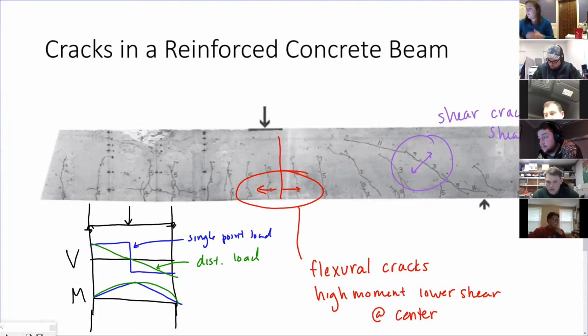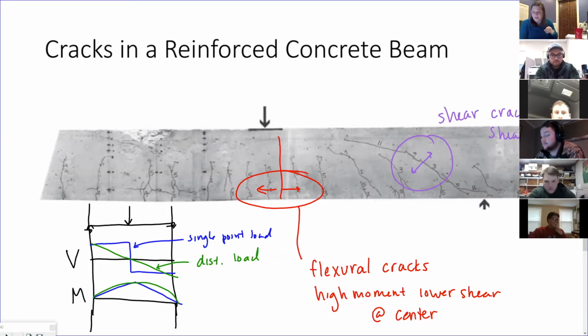And that shear is inclining your failure surface. Okay? That's why it looks the way it does.